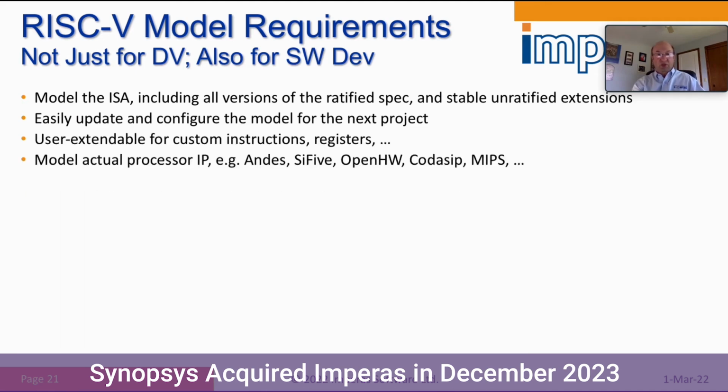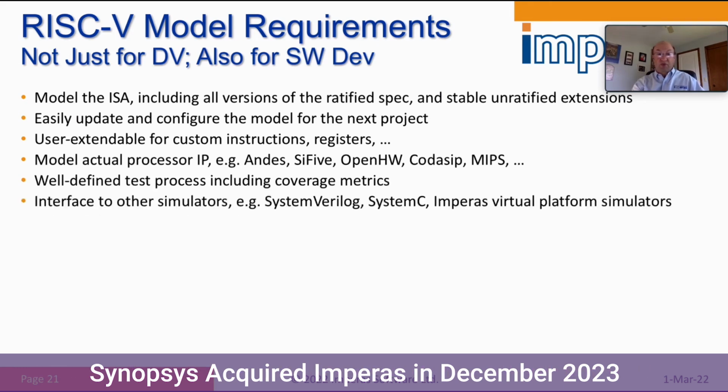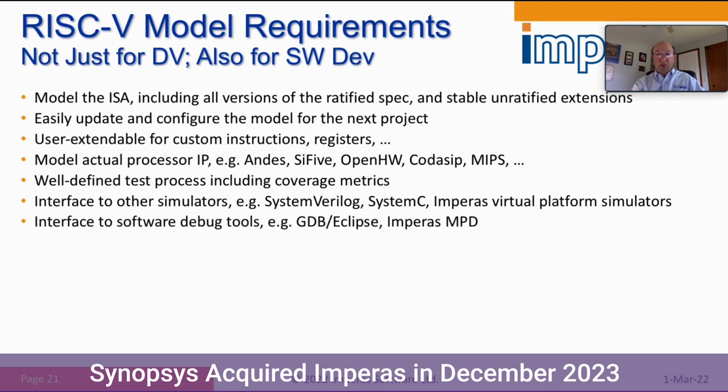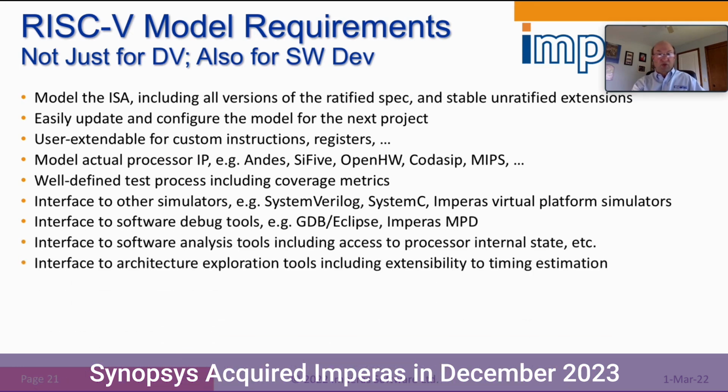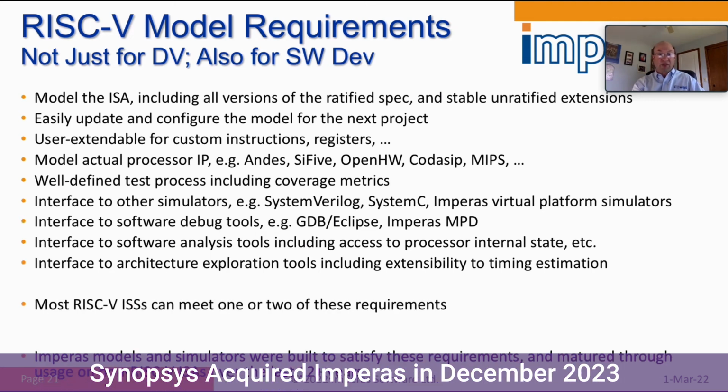User extendable, model actual processor IP if you're using that. Well-defined test process for the model, not just for the RTL, but for the model itself. It's got to interface with other simulators, interface to software debug tools, interface to software analysis tools, interface to architecture exploration tools. Most RISC-V instruction set simulators can be at most a couple of these environments.